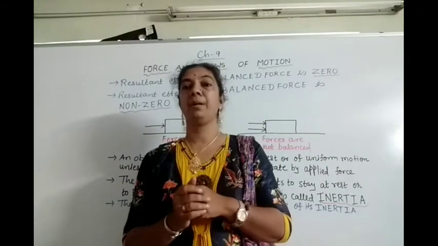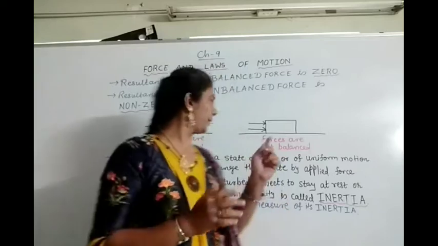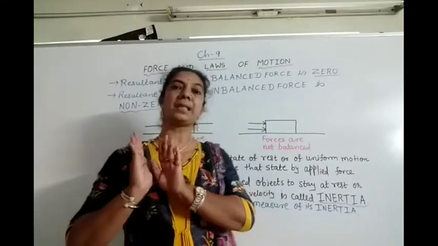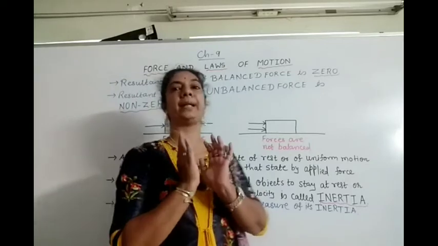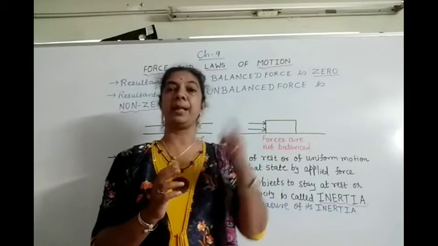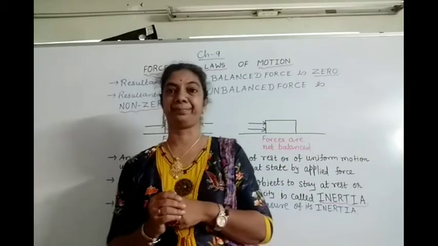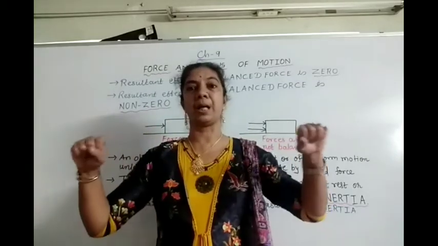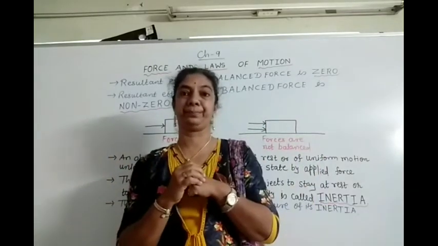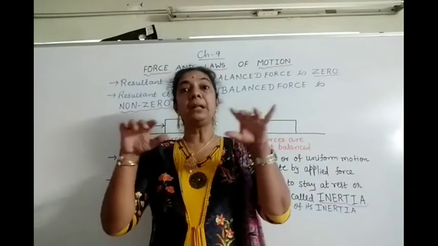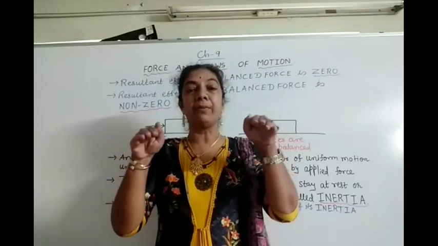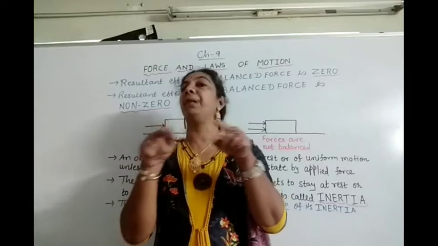But for unbalanced force, see this second case. The forces are applied from one direction only. Just imagine the game tug of war, in which two teams are pulling the rope in their direction. Till the forces are balanced from both sides, it is equal, the rope will not move.